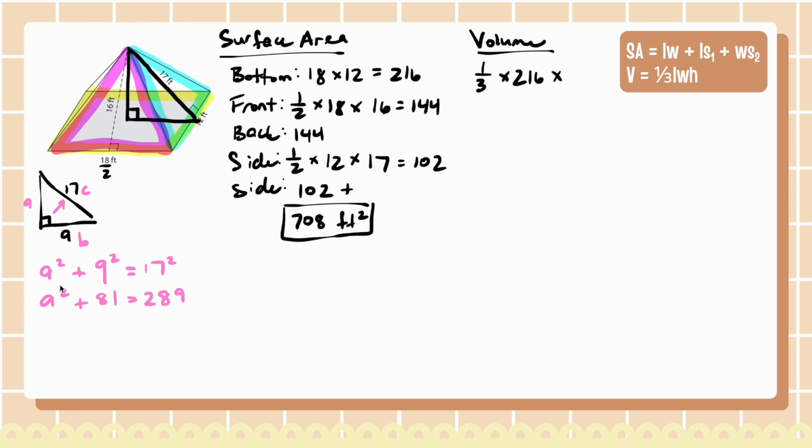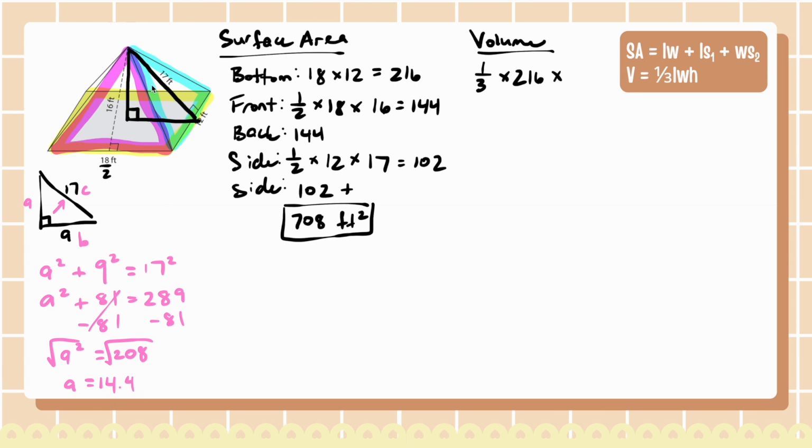I want to get a squared by itself, so let's subtract 81 from both sides. This now cancels out and I'm left with a squared is equal to 208. And when I take the square root of both sides, I end up getting a is equal to 14.4. And this is just rounded to the nearest tenth.